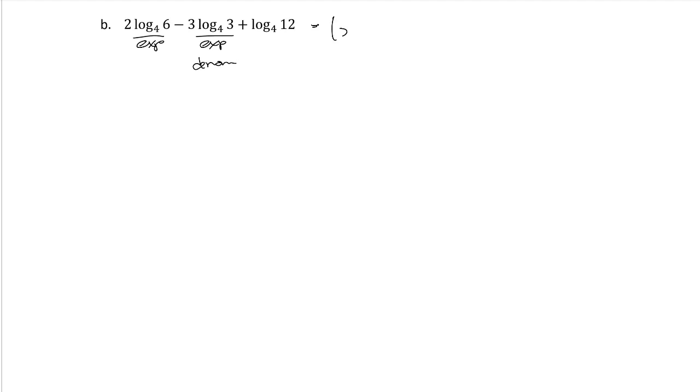So when I write it out, again not forgetting my base, I'm not going to be able to use a calculator again. I'm going to have 6 to the power of 2 in my numerator times 12, all over 3 to the power of 3.